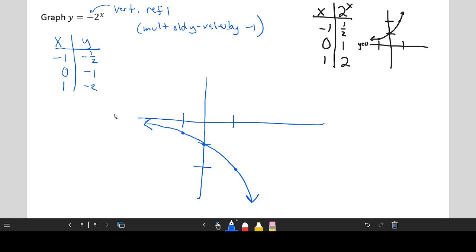We still have the same horizontal asymptote. We just reflected over the asymptote, so that's why it didn't change. But the range is going to change again because again we had a vertical change. So now instead of all positive y values, we have all negative y values. So that affects the range. The domain's still going to be all reals like it has been for all the other ones.